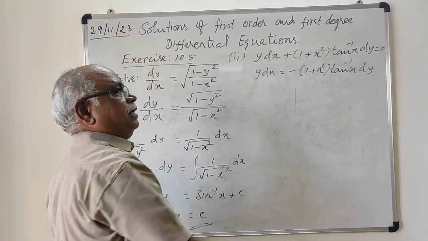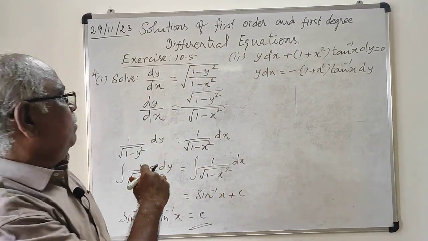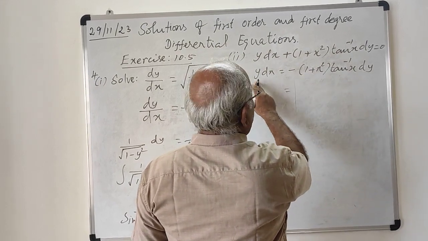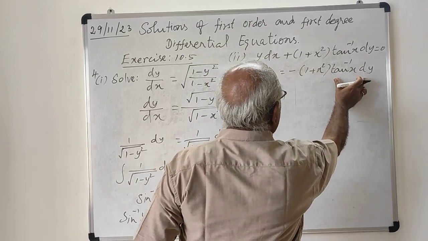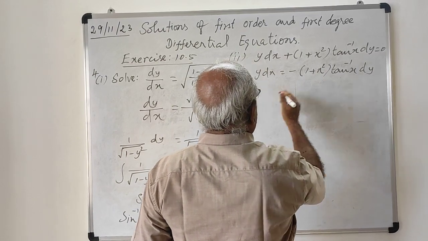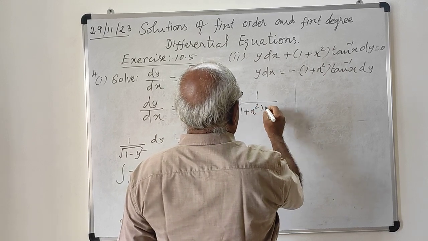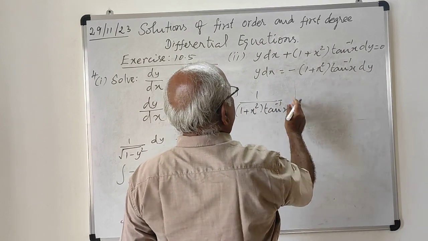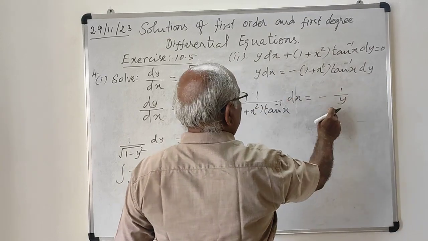You split this into left hand side and right hand side because we are going to separate the variables. So if you bring this y to the left hand side, it becomes 1 by y, and you bring these two terms, tan inverse x into 1 plus x square, to the other side, it becomes 1 by 1 plus x square into tan inverse x dx equal to minus 1 by y dy.